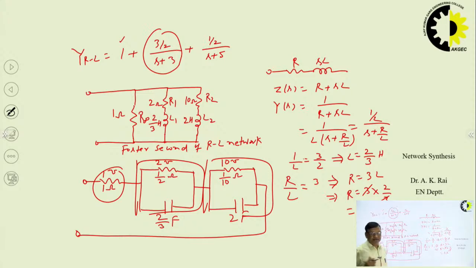And this is 2 Henry, so in the dual network it is 2 farad. If you are smart, you can apply the dual property, but don't do this alone. We just use it here from the checking point of view. So we can carry out.